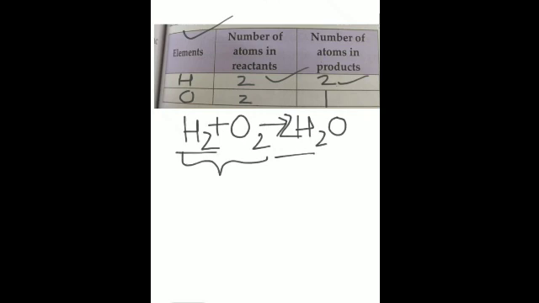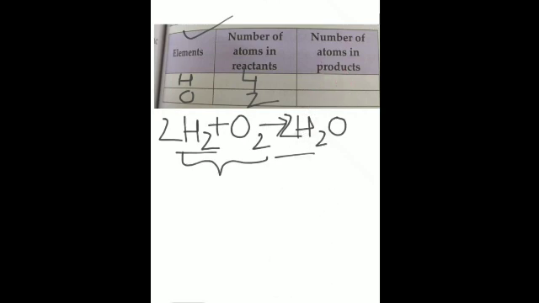So step number 3: we multiply H2 with 2 to balance it again. We write 2 over here. Is it clear? Now the number of hydrogen atoms have become 4, and the number of oxygen atoms are 2.